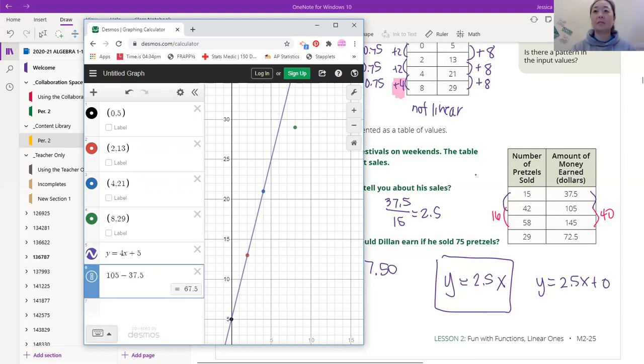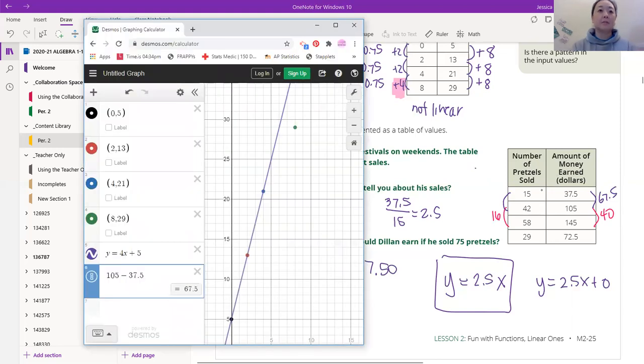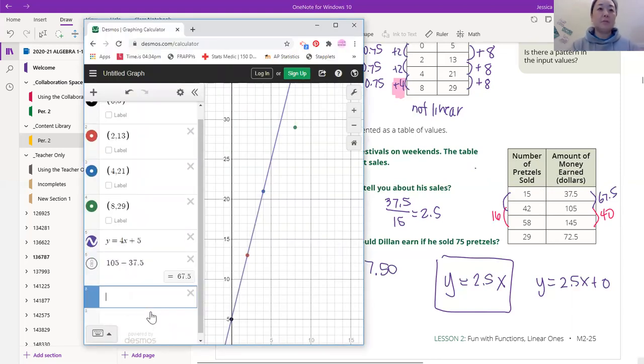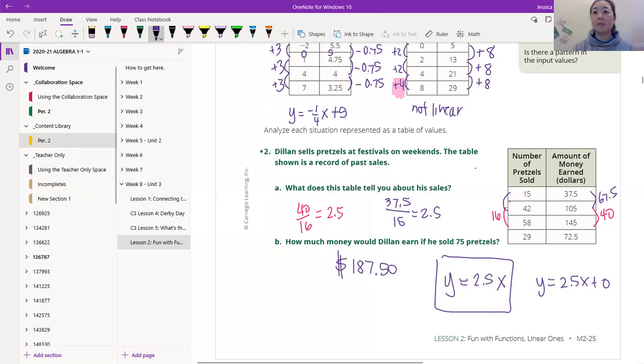So let's go with 67.5. And then these two, 42 minus 15, and we get 27. So this is going to be 27 right here. Is that 2.5?